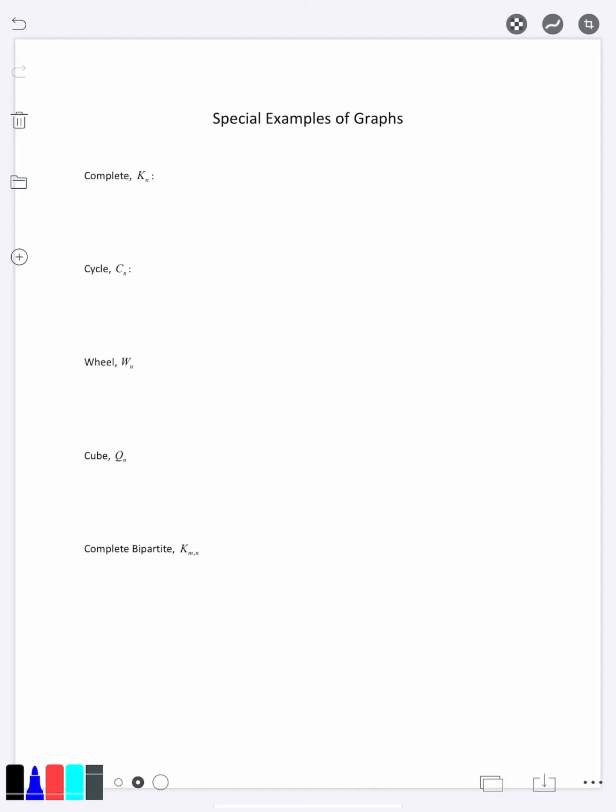The first of these is called the complete graphs. And the idea for a complete graph, and we'll start with K2 here, is K2 will have two vertices, and every possible pair of vertices are connected. So it's not particularly interesting for K2. K3 will have three vertices, and again, every possible pair will be connected.